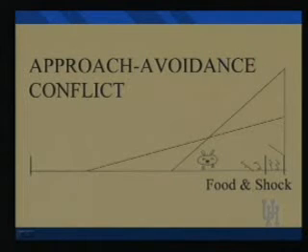Should I go in and experience that pain? Should I go in and get my toothache taken care of? It's an approach avoidant conflict. Now, this gradient model is George Miller's model of conflict.